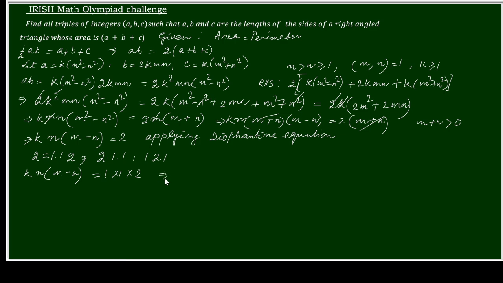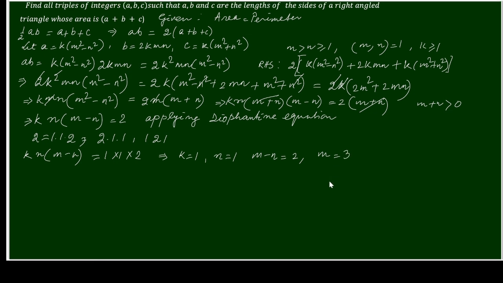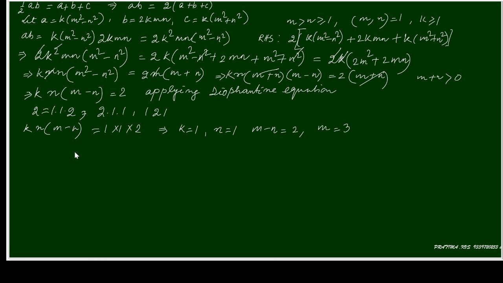That means K equals 1, N equals 1, and M minus N equals 2. That means M equals 2 plus 1, that is 3. This is case 1. So A equals K into M square minus N square, which we have taken. So K is 1, M square is 3 square, 9, minus N square, 1.